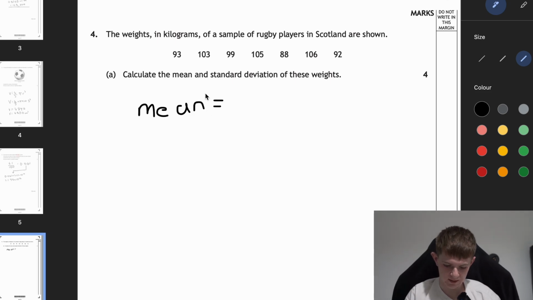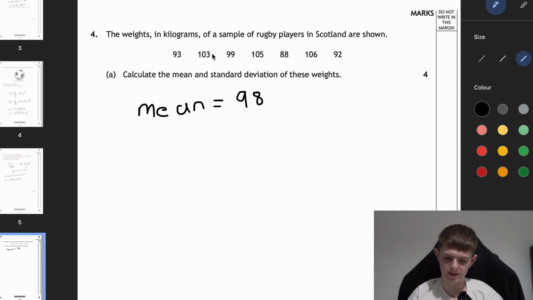Again, got a calculator, so what I got in, 93, add 103, add 99, add 105, add 88, add 106, sorry, add 92, and divide that by 7. That will get you 98. So the mean is 98. All I've done is add up all these numbers and divide them by how many there are.